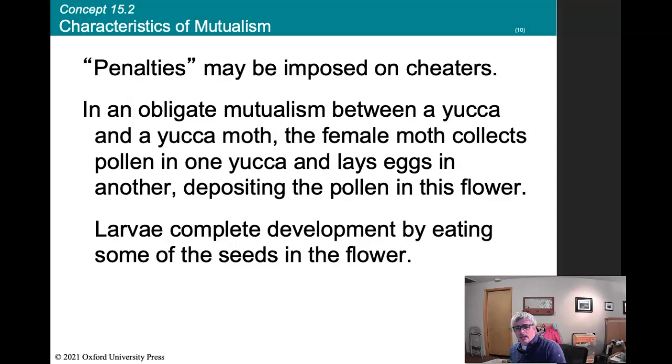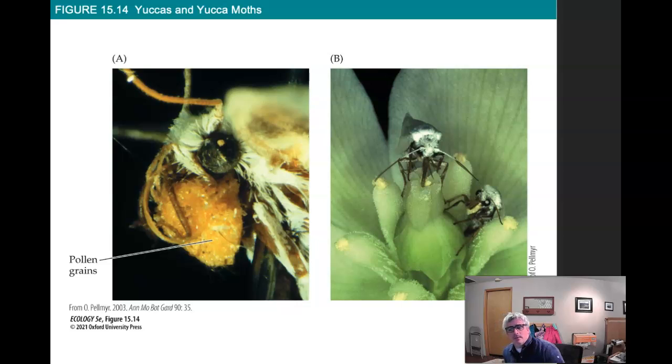These eggs will, as they develop, eat seeds in that flower. So they form this obligate mutualism where the moth has a safe place to put their eggs, there's food for them in the seeds, and then the yucca gets fertilized. The idea is that the larvae will eat some of the seeds, but not all of them.